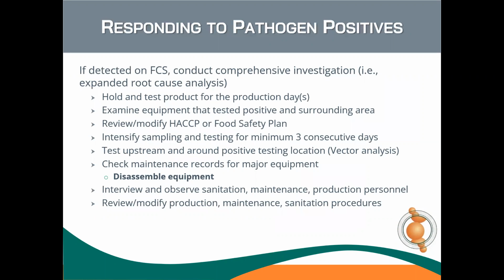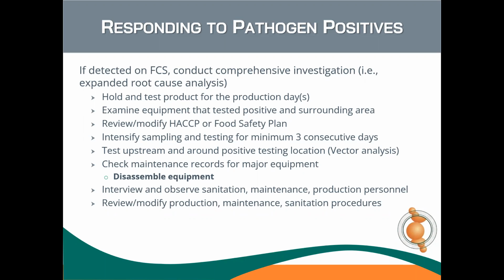Okay, so what exactly do we do if we have that awful pathogen positive? It's really important to remember to hold and test product from that production day or the days that that positive sample was taken. You want to really examine your equipment that tested positive in that surrounding area.